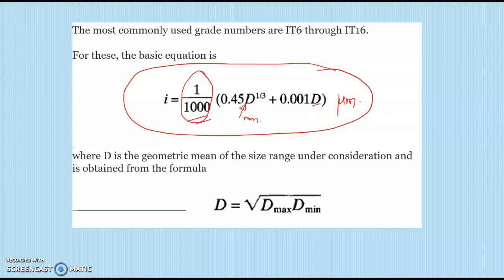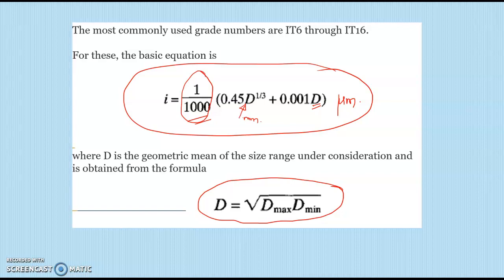Here d is not the basic size. D is determined by an equation, the geometric mean of two diameters, d max and d minimum, given as d is equal to the root of d max times d minimum.